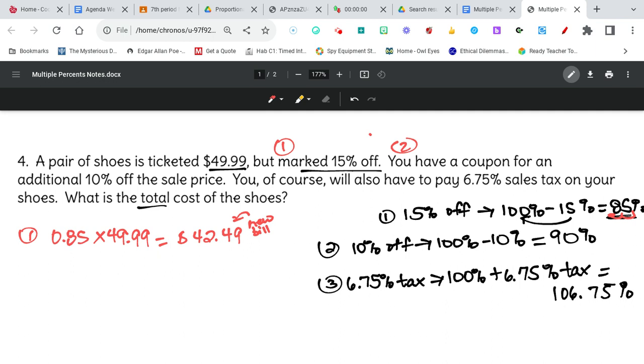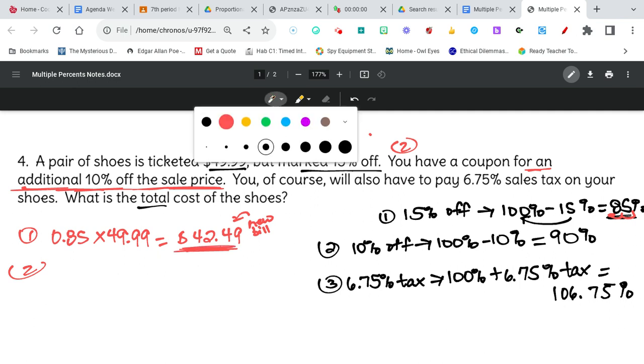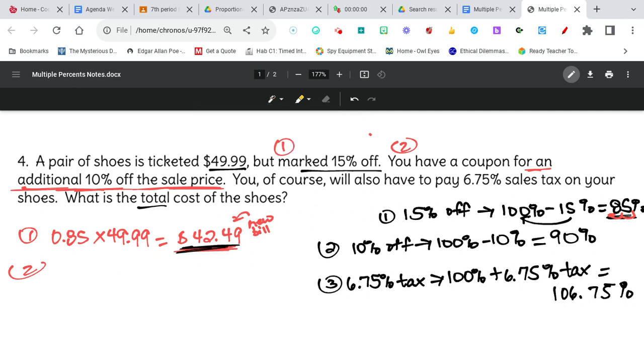Step 2, you have a coupon for an additional 10% off the sale price. Well, this is the new bill, which is the new sale price. So now I got to take 10% off of that. Okay. All right. So in step 2, I'll be working with this number right there. I'm taking 10% off of that sale price.